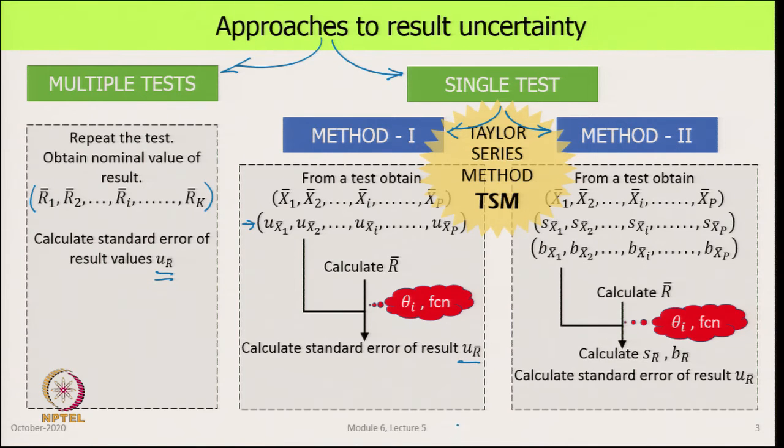Method 2 is a slight modification of method 1 in that we keep, from our calculations, values of individual systematic and random uncertainties, and using that we calculate the systematic and the random standard uncertainties in the result, from which we calculate the standard uncertainty of the result.